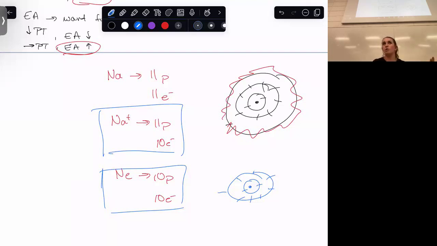Because we have more protons than electrons, we can pull them even closer to each other. So sodium plus is smaller than neon. A higher proton to electron ratio means the ion is smaller, because we have more positive charges pulling in on those negative charges, those electrons.